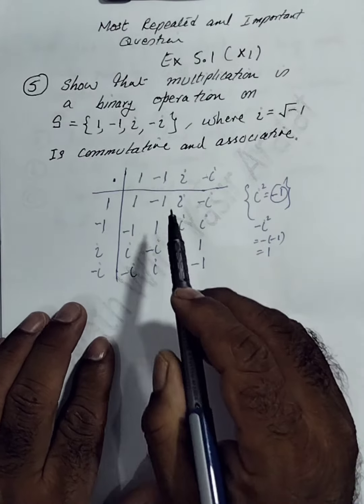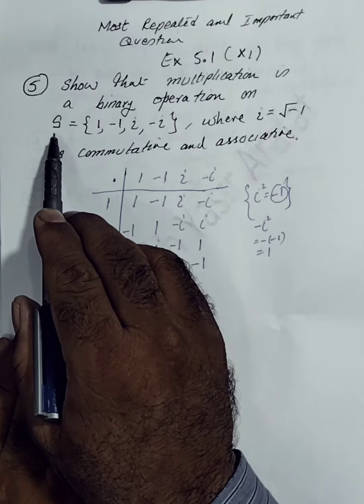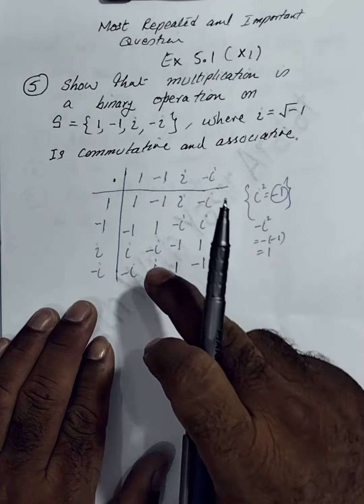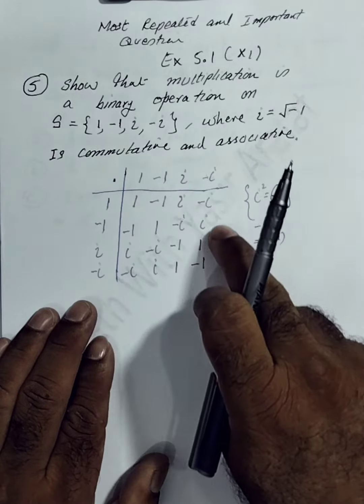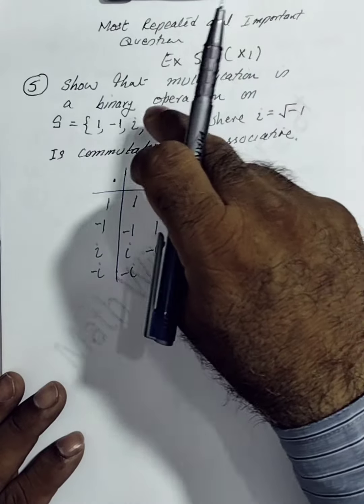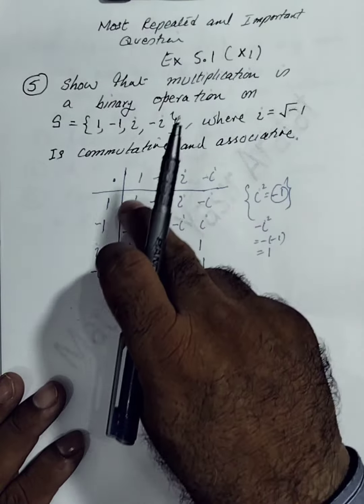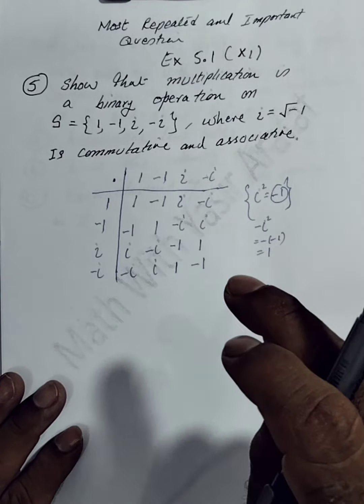So dear students, we have performed all possible multiplications of the elements given in set S, and all results belong to the same set. That means multiplication is a binary operation on S, and this property is also called the closure property.